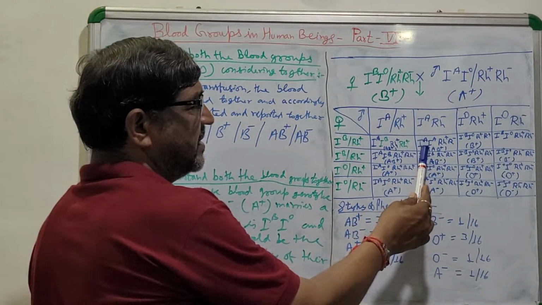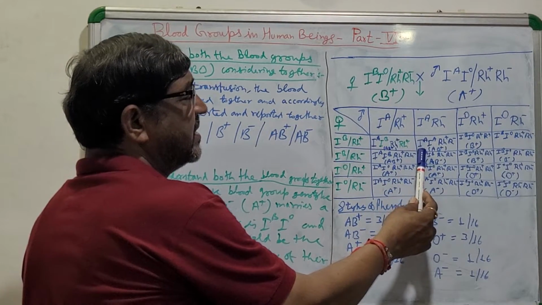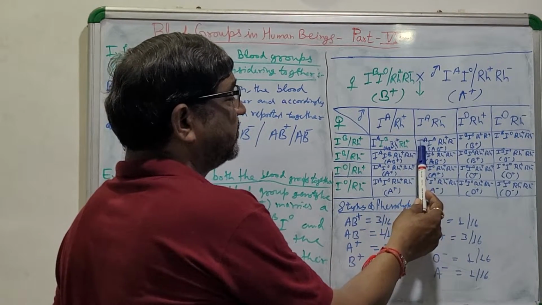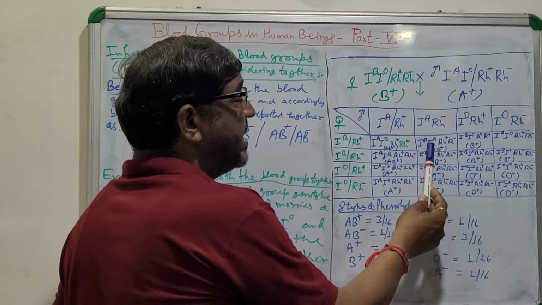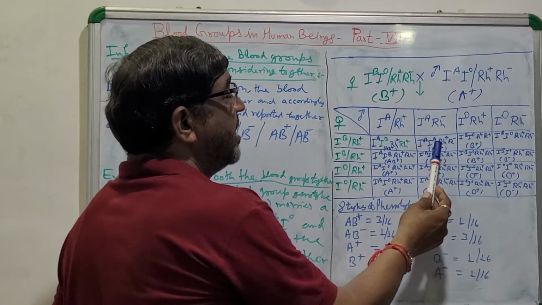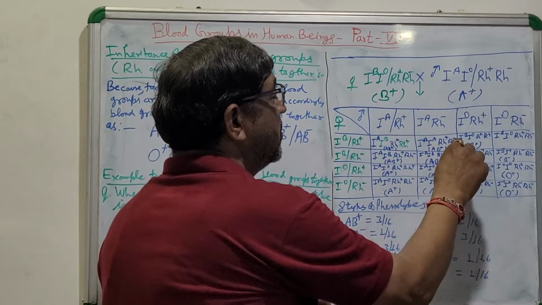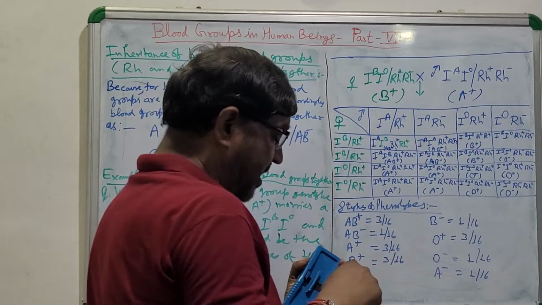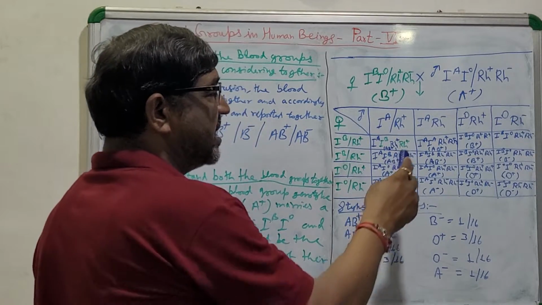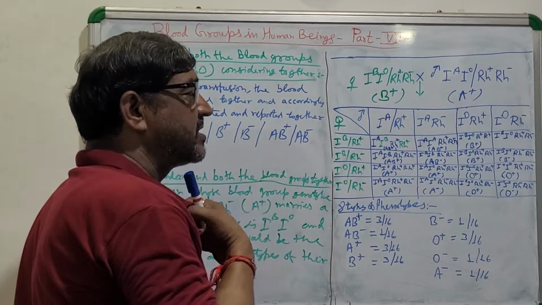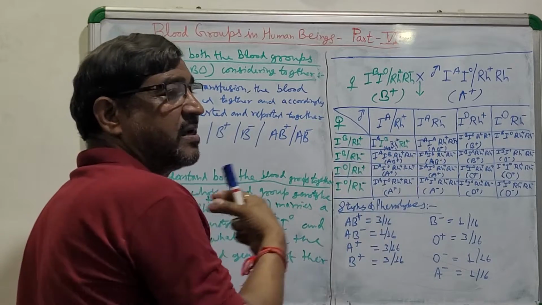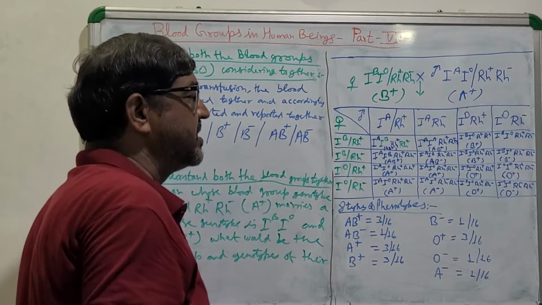Similarly here, you see the combinations. Here you are going to get AA, RH plus, RH minus. Of course, the RH positive in this child is in heterozygous condition and A is in homozygous condition.